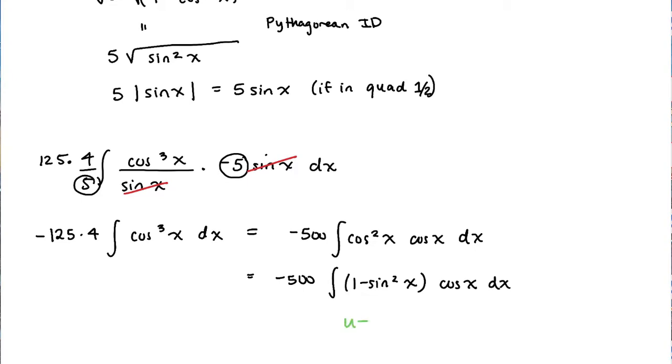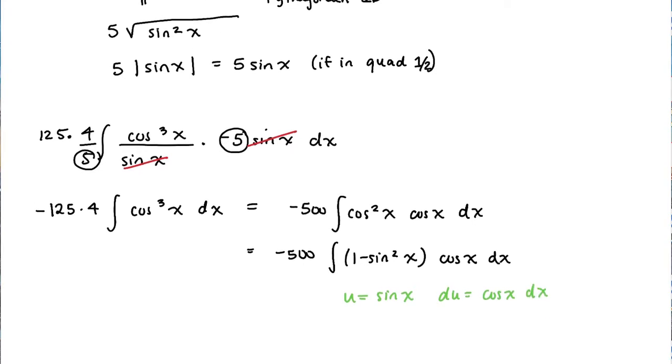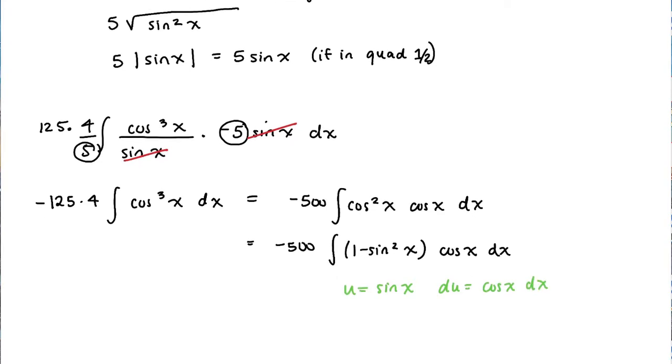If I let my u be sine x, my du would be cosine x dx.